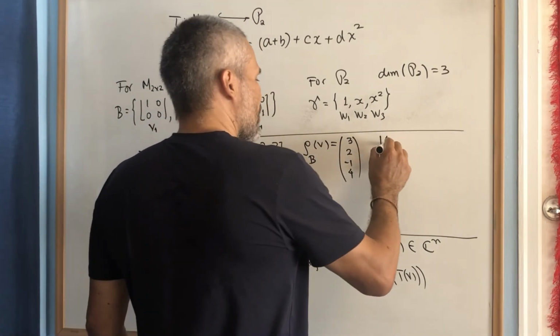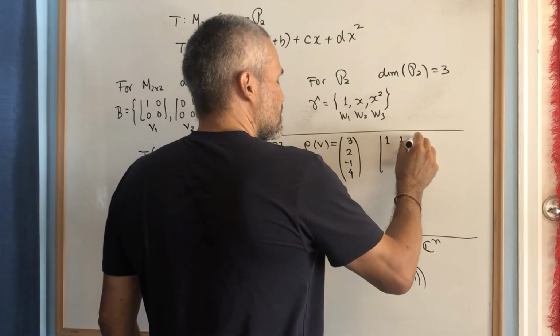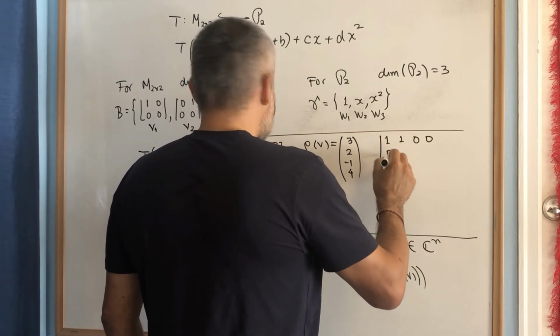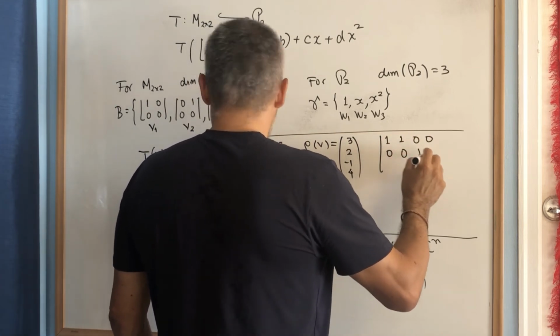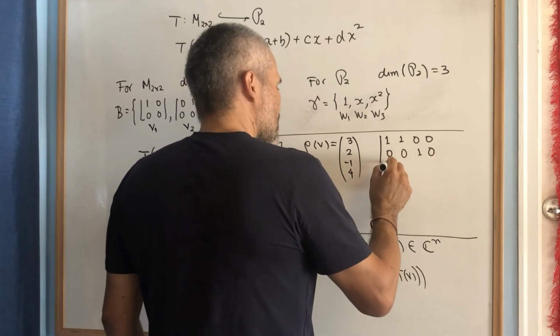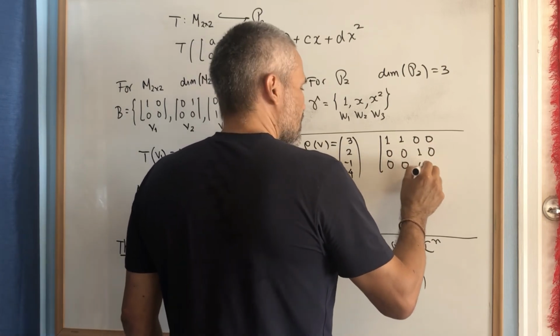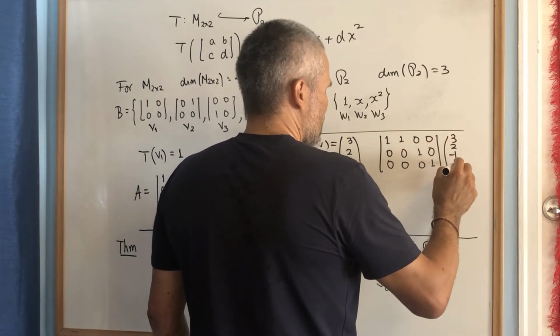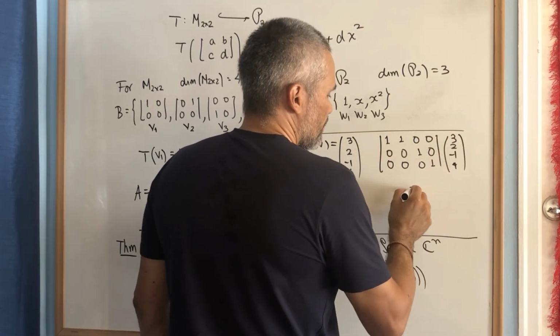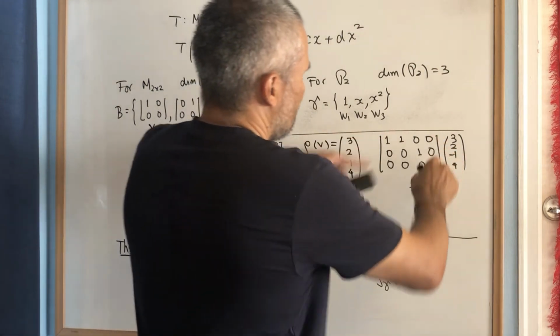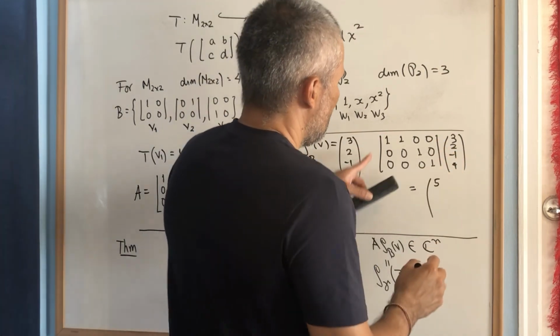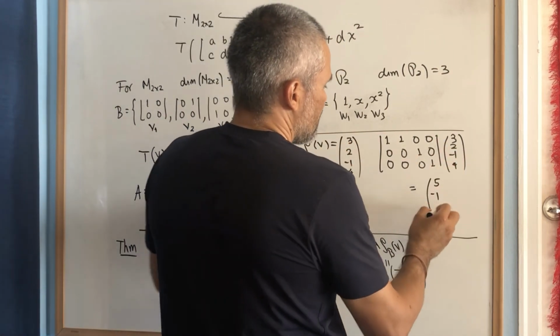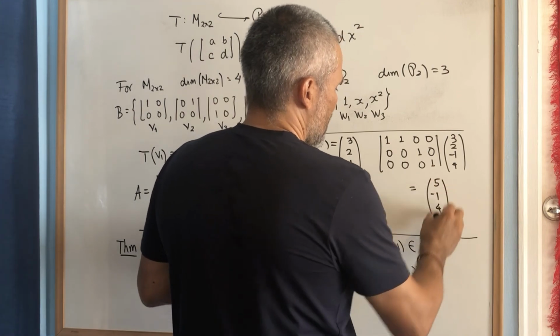If I multiply 1, 1, 0, 0, 0, 0, 1, 0, 0, 0, 0, 1 times 3, 2, negative 1, 4. What vector do I get? I get 5, and then negative 1, and then 4.